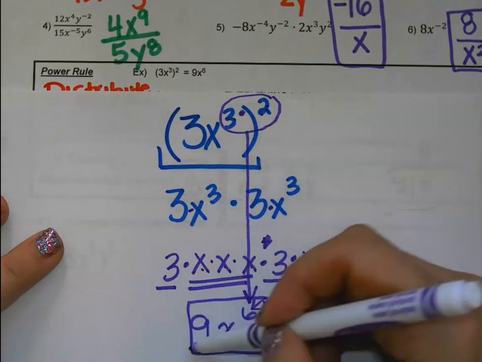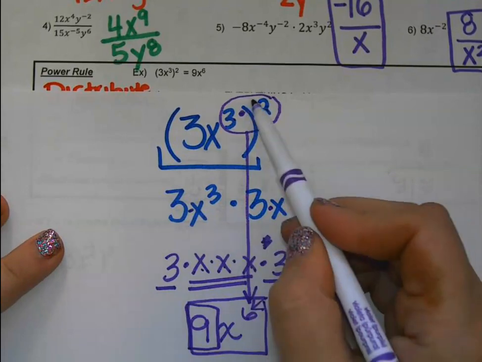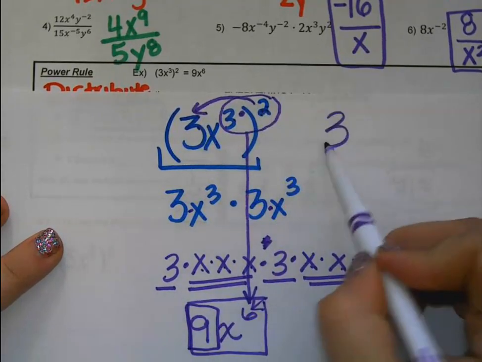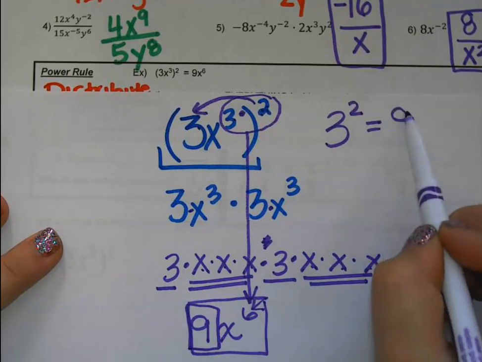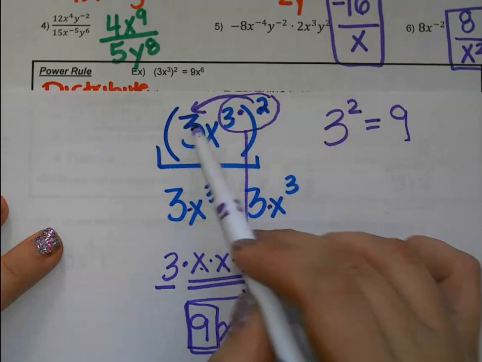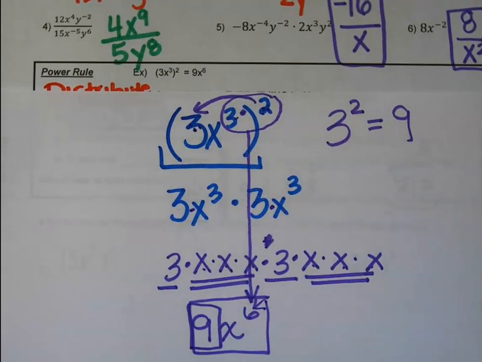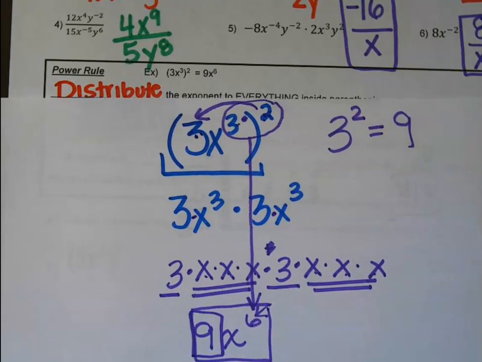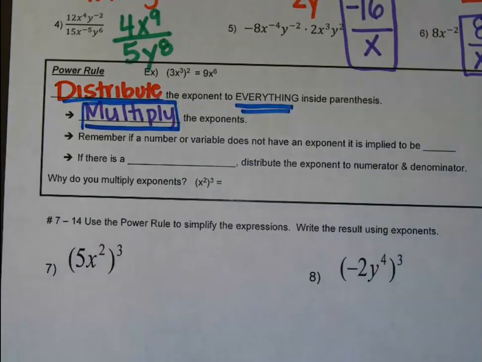Now, how did we get this 9? Well, we do it just like normal. We distribute. This is 3 to the second power, and 3 to the second power is 9. So we're not multiplying this 3 here. We're multiplying the exponents. So now we have seen why the rule works, and now we can use it.